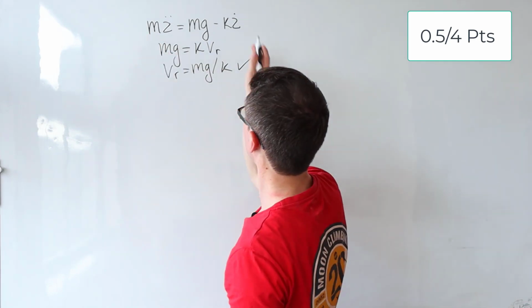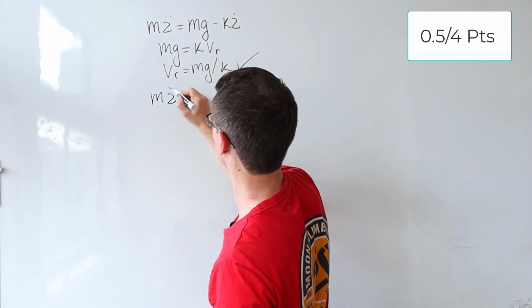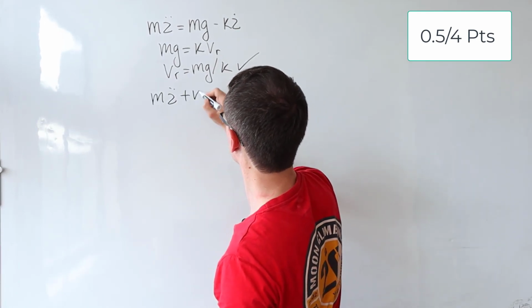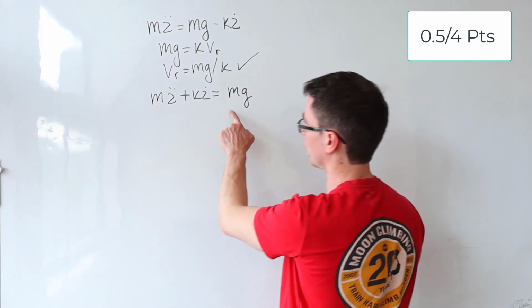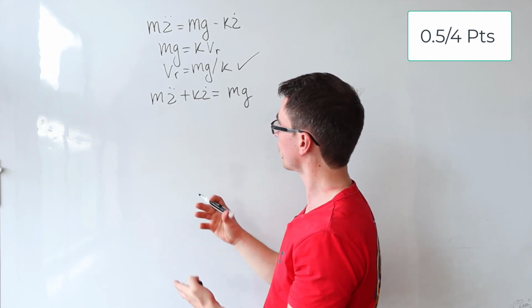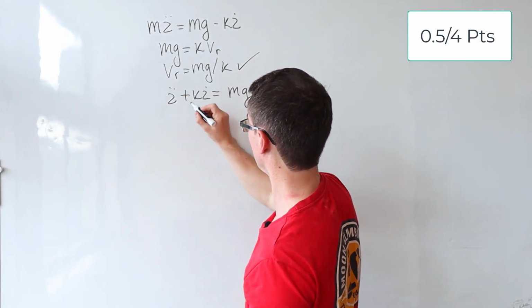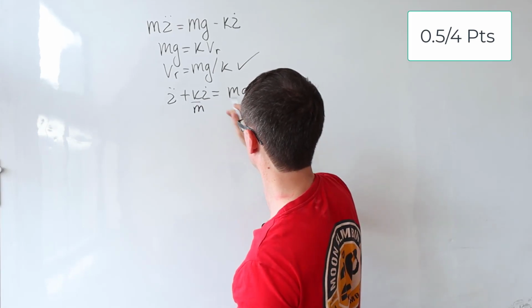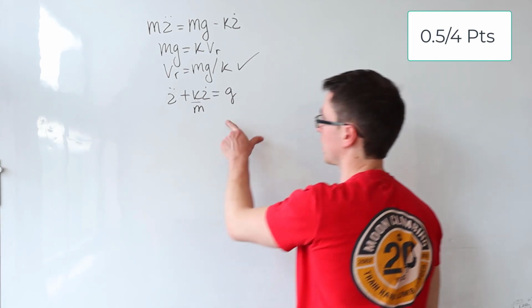So the first thing I'm going to do is get all the z terms on one side. So we're going to get m z double dot plus k z dot, and this will be equal to mg. Now let's divide by m. So we get z double dot plus k over m z dot, and this will just be equal to g.